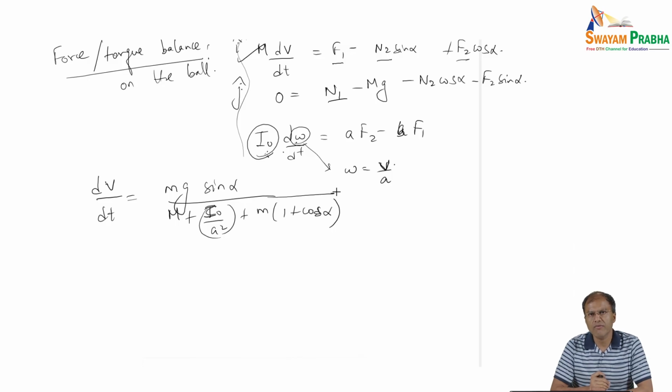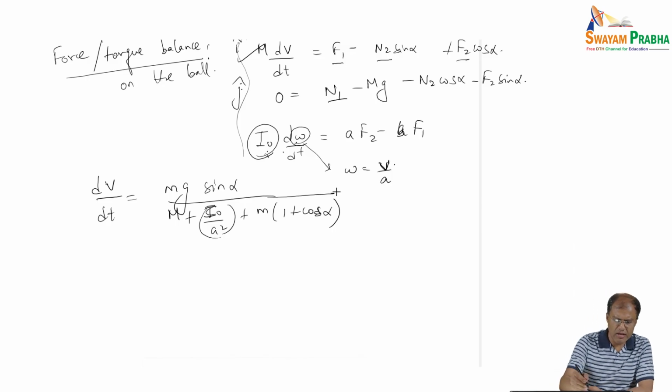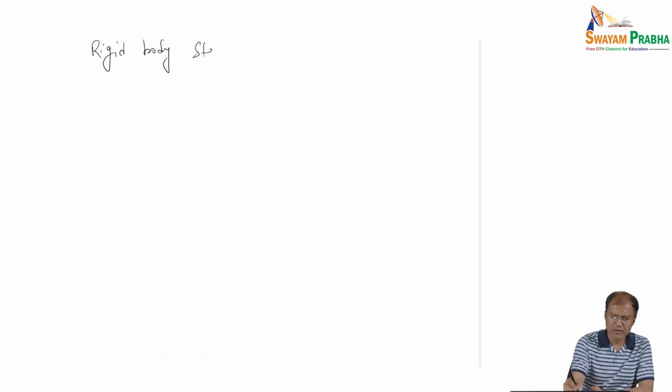We have to analyze the various torques and forces and eventually find the various quantities asked in the problem. So let us see some examples. Again, this will be an example of rigid body motion, but in 3D. So we are talking about rigid body statics in 3D.